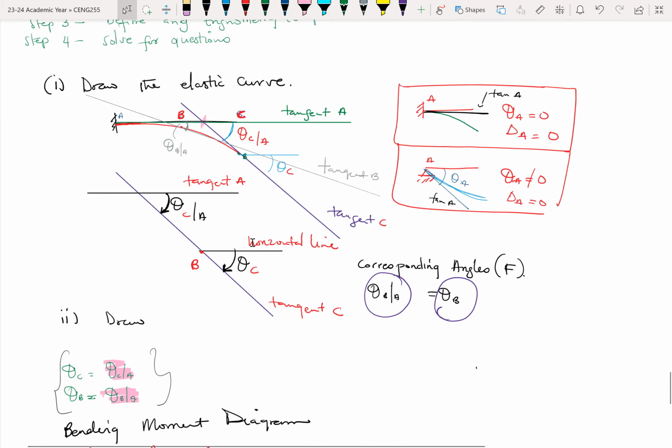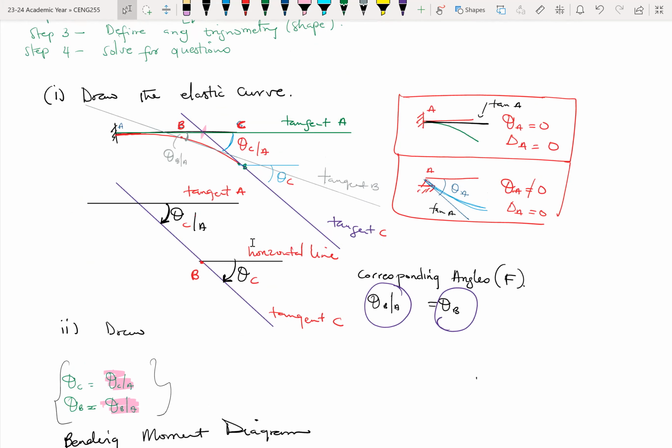When I'm drawing the tangents, should it also pass through the point B? So basically each point of interest to you would have its own tangent.